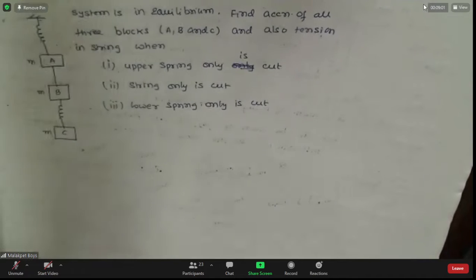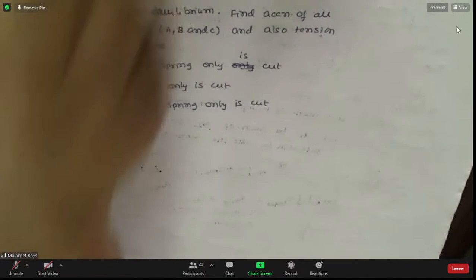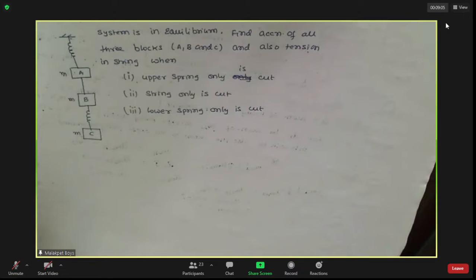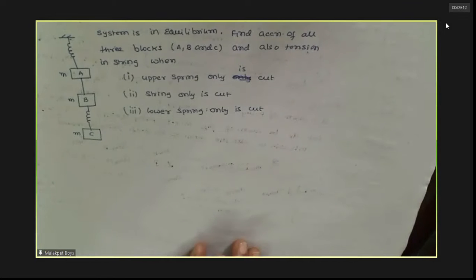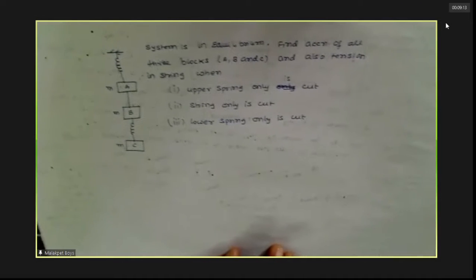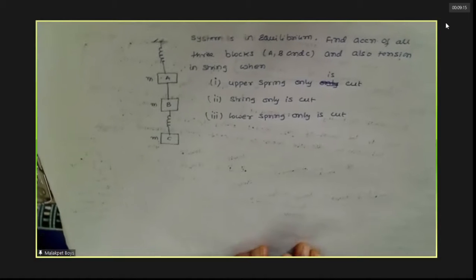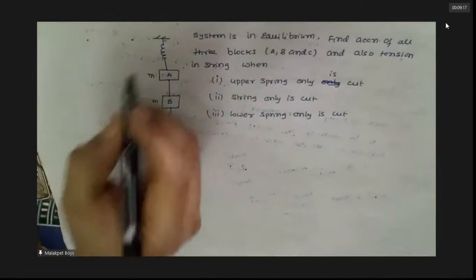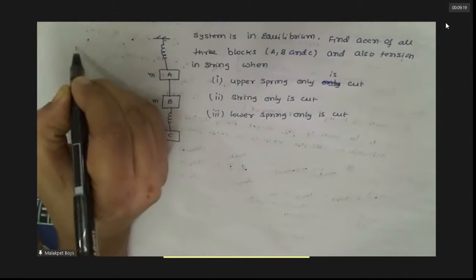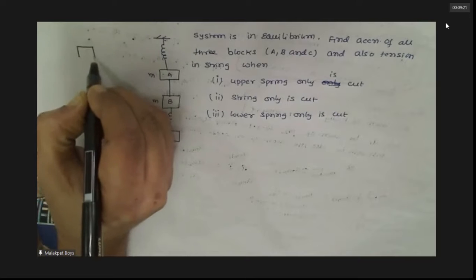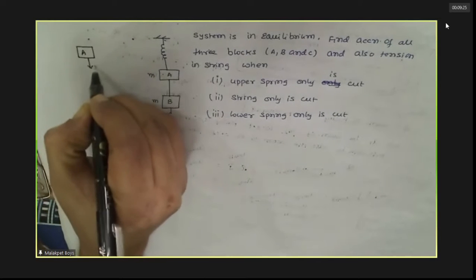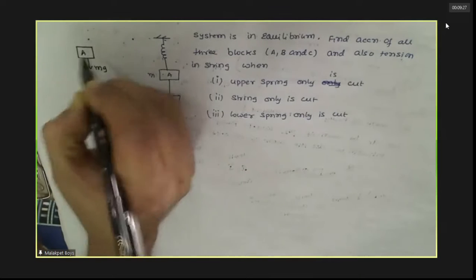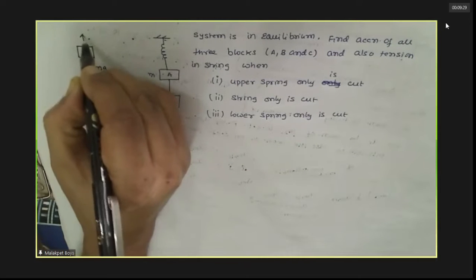Right. Now let us frame the equations for the equilibrium situation. If you come back to this, see here, this is A. This has weight mg, this is the spring force.